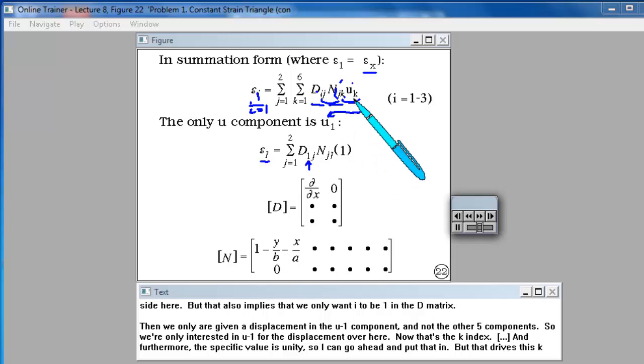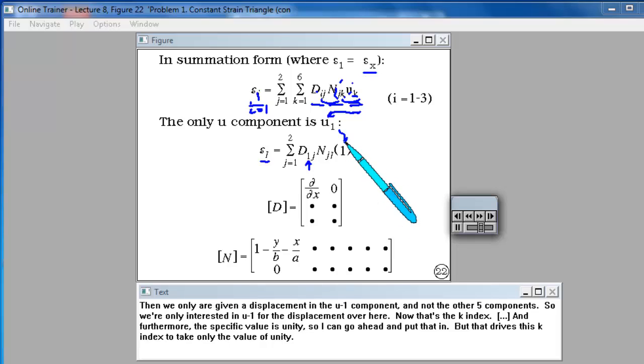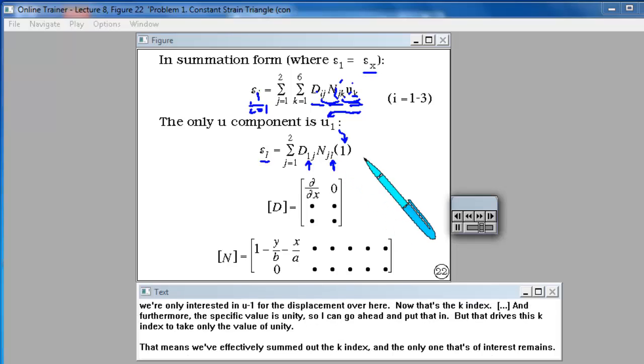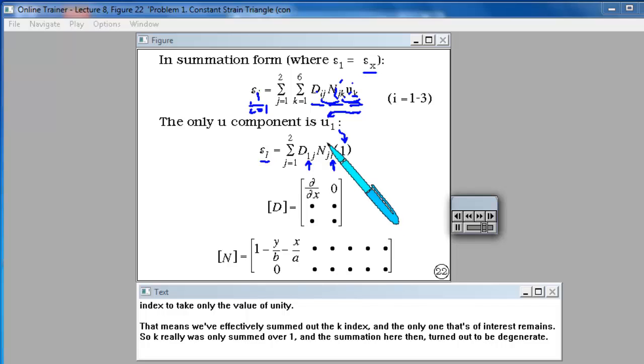So we're only interested in U1 for the displacement over here. Now that's the K index. Furthermore, the specific value is unity, so I can go ahead and put that in. But that drives this K index to take only the value of unity. That means we've effectively summed out the K index, and the only one that's of interest remains. So K really was only summed over 1, and the summation here then turned out to be degenerate.